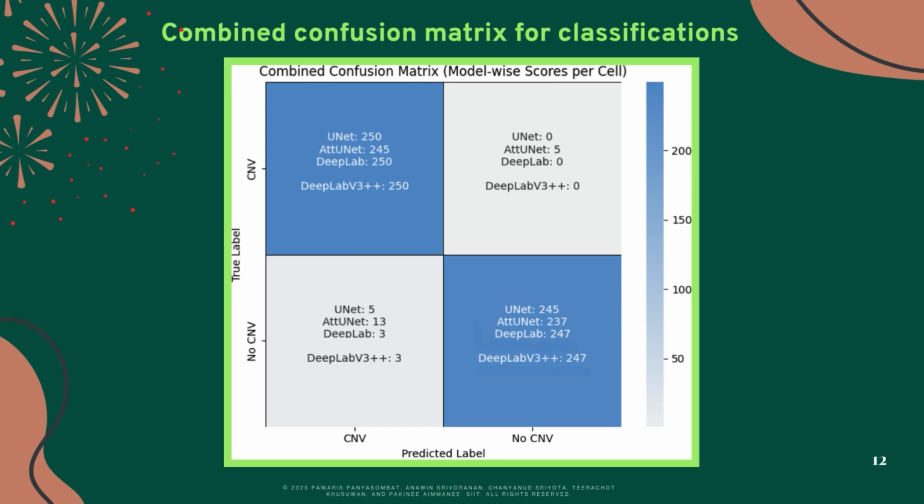As you see, the best ones are DeepLabV3+ and DeepLabV3+ Ultra. They have only a few errors, like 3 images out of 500. And the most errors come from the attention UNet.